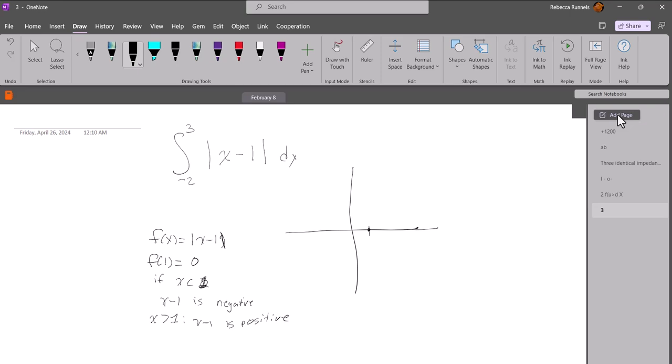So one way that you can deal with an absolute value function is you can rewrite it as a piecewise defined function. So I could say f of x equals minus (x minus 1) for x less than 1, and it equals x minus 1 for x greater than 1. Just to double check, for x less than 1, f of x equals minus (x minus 1), which is negative x plus 1.